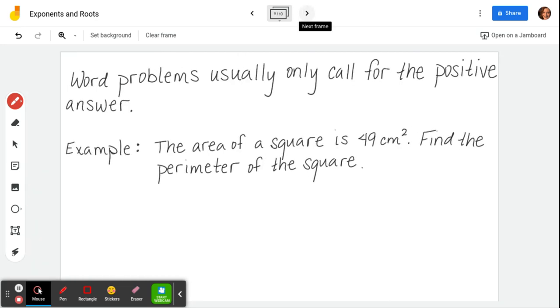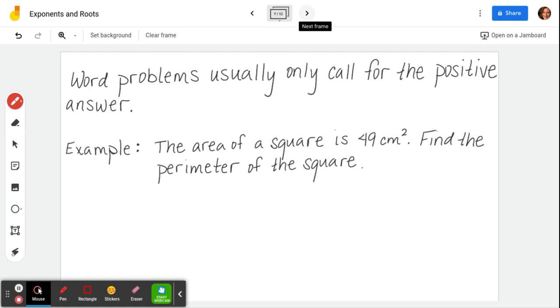Last page. Word problems typically will only require the positive answer. Now, not every time, but a lot of times these will be problems that involve area of shapes, or then it'll ask you to go a step further and now take that and find the perimeter like this one does. The area of a square is 49 centimeters.